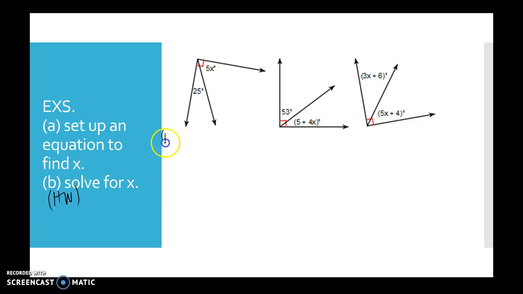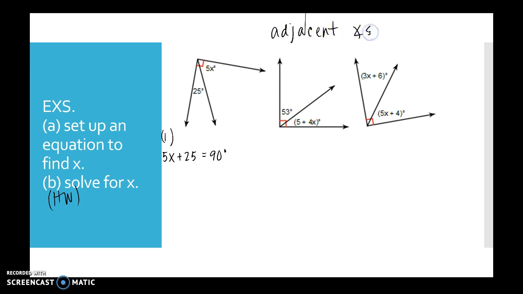Okay, so for the first one, I see my perpendicular mark, which means that these two angles must add together to 90 degrees. So that's my exact equation. 5x plus 25 has to equal 90 degrees. All three of these examples are adjacent angles.